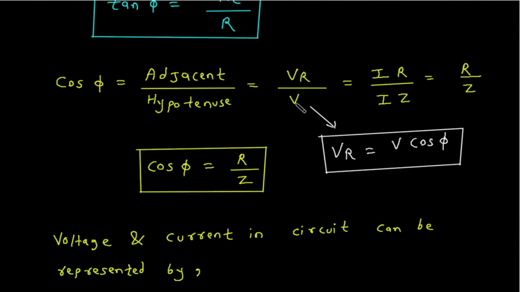Hypotenuse is applied voltage V. So VR is equal to I into R and V is equal to I into Z. This I and this I will get cancelled. So cos phi is equal to R by Z. Now from this also we can say that VR is equal to V into cos phi. This VR, voltage drop across resistor R, is equal to V into cos phi.